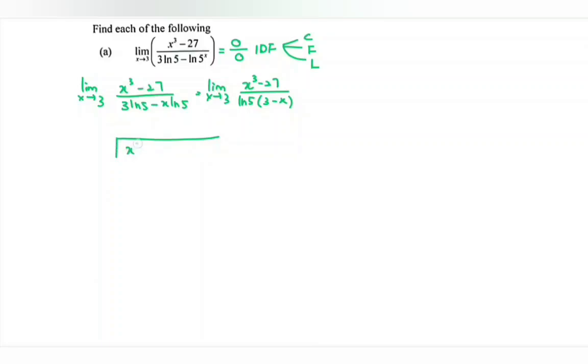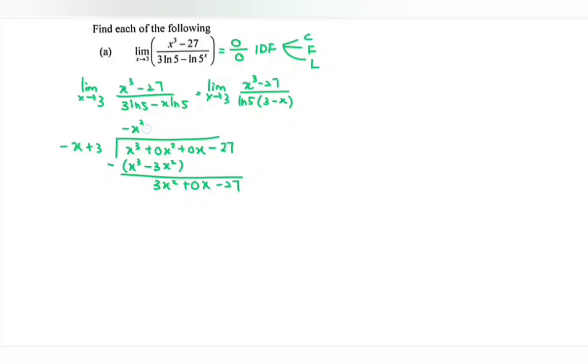So we have x to the power 3 plus 0x squared plus 0x, and here we have negative 27. So x minus x plus 3. So negative x squared. So we will have x cubed minus 3x squared. So from here we have 3x squared plus 0x minus 27.